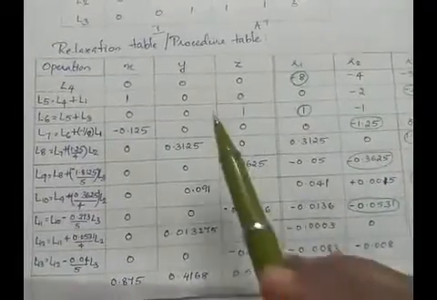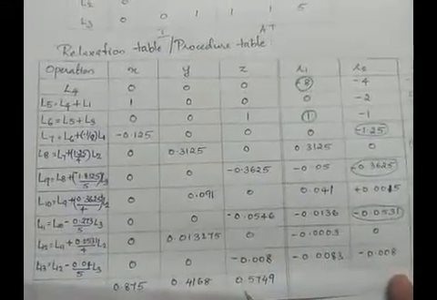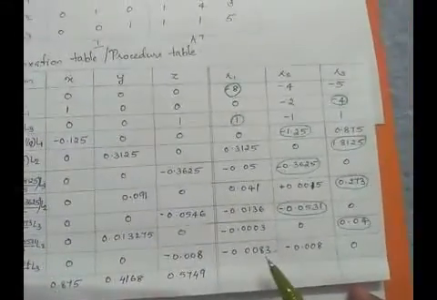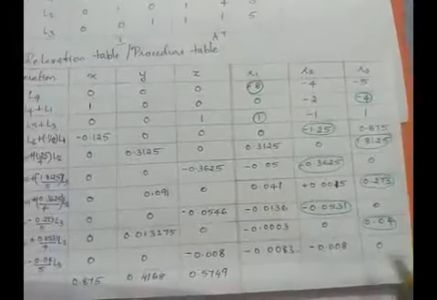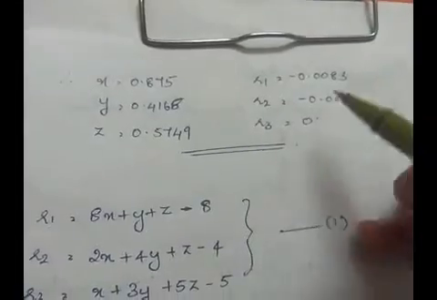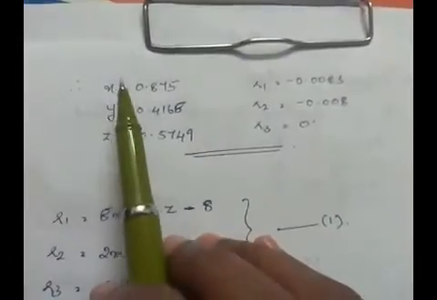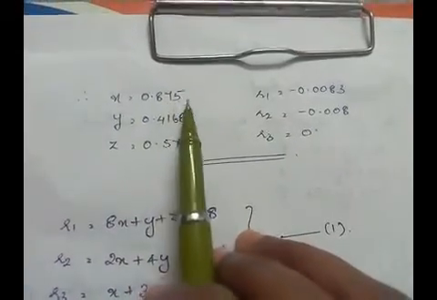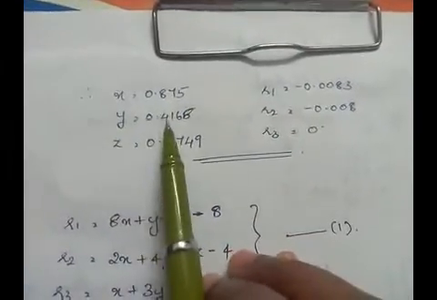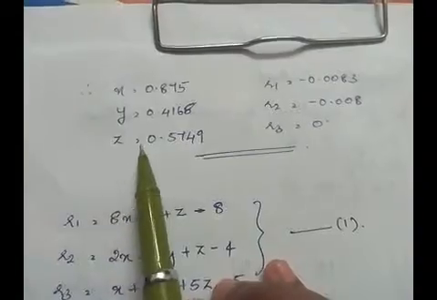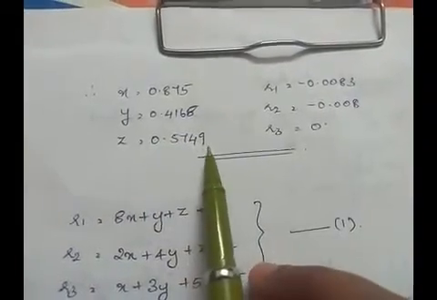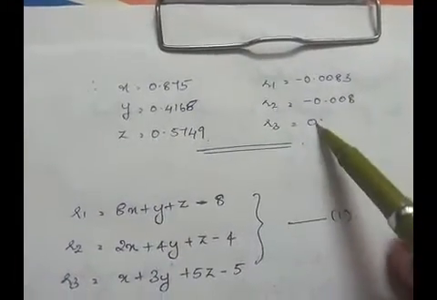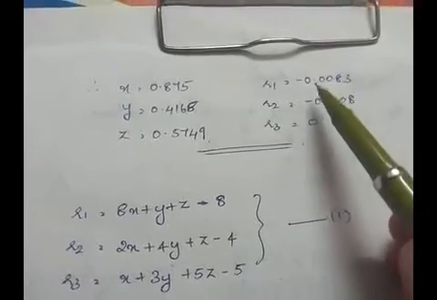So these are the values of the variables, and the residuals will be R1, R2 and R3. That is, the solution of the given problem is x equal to 0.875, y equal to 0.4168, z equal to 0.5749, and the residual values are the values that we obtained in the last row.